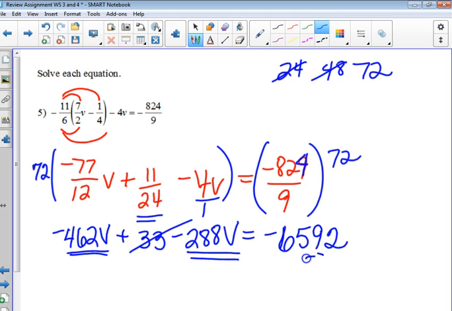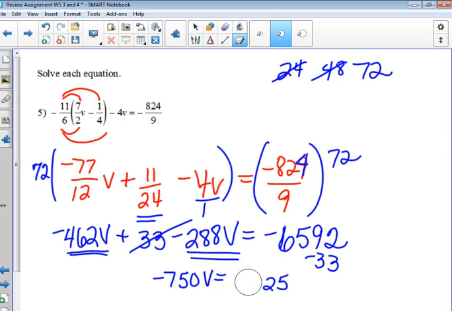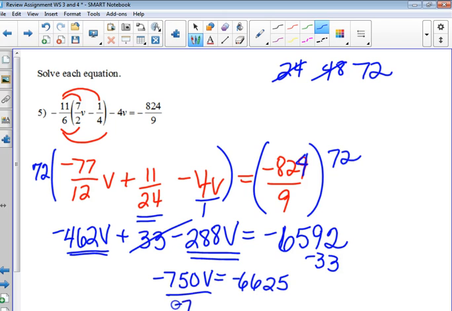Subtract this over here. No, I didn't need to carry those. 6625, is that what that should be? Okay, then divide. I don't know if it comes out nice. If it doesn't, your calculator will reduce it with a math enter.